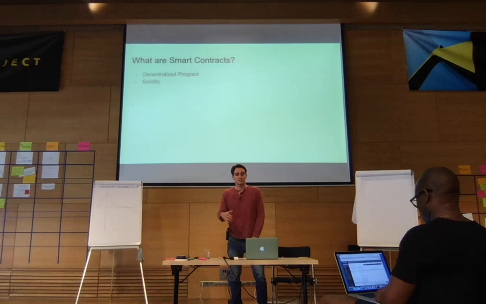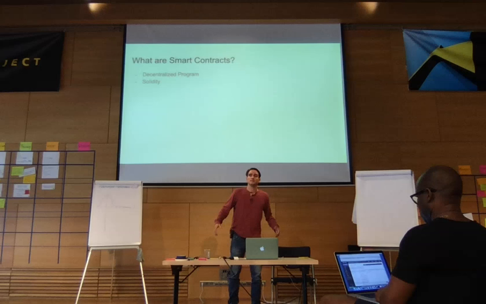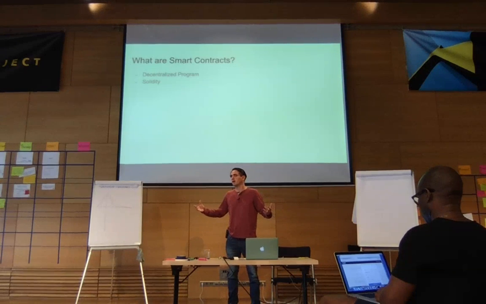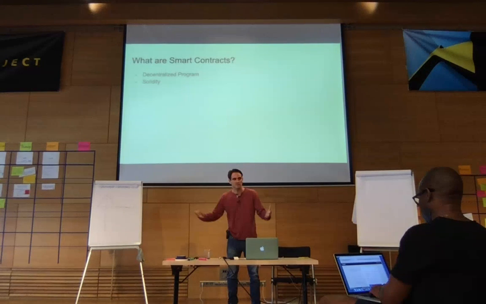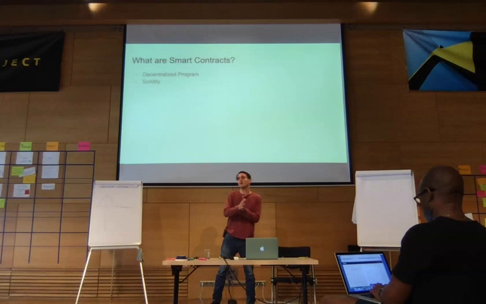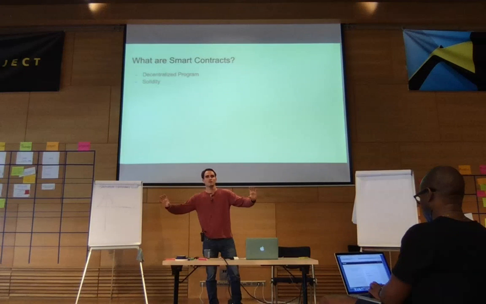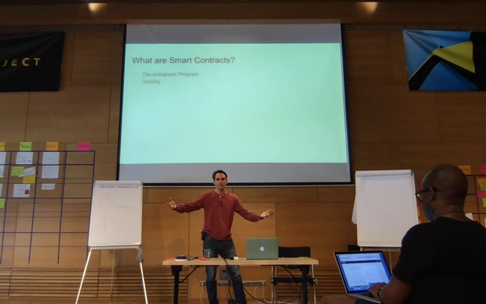Okay, so we know that it is a decentralized program, right? And smart contracts are coded in a programming language. Actually, they can be coded in many programming languages because the blockchain itself is what we call a Turing-complete computer.